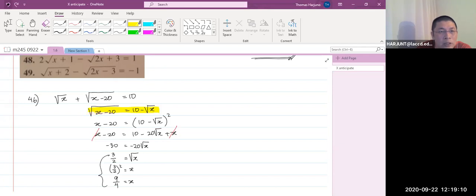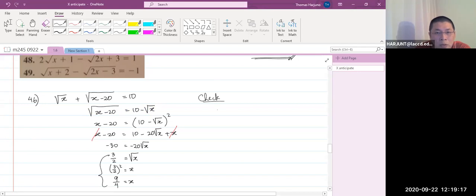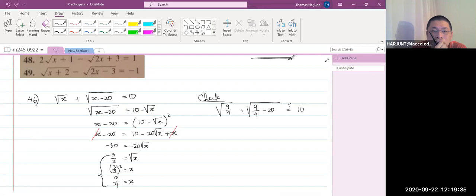So I will check this. Square root of 9 over 4 plus square root of 9 over 4 minus 20, is it equal to 10? This is 3 over 2.